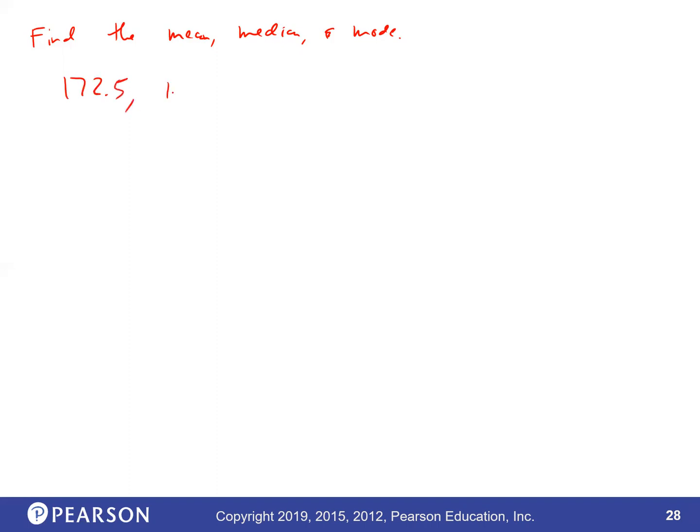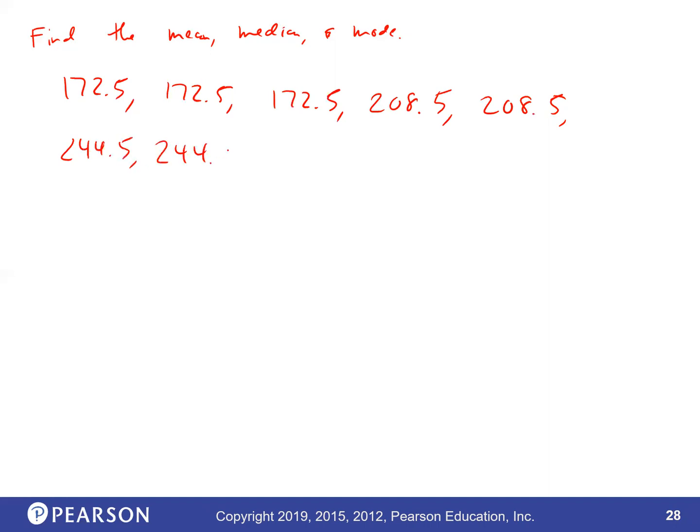172.5, three times. 208.5, and I'm going to go in order here because it'll be easier. 208.5 twice. 244.5, four times.